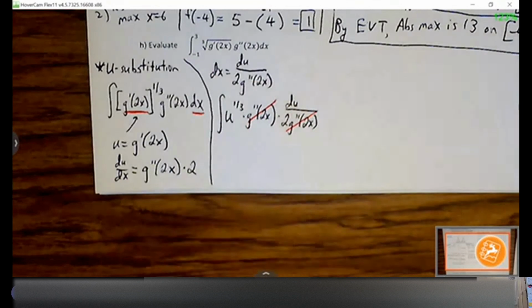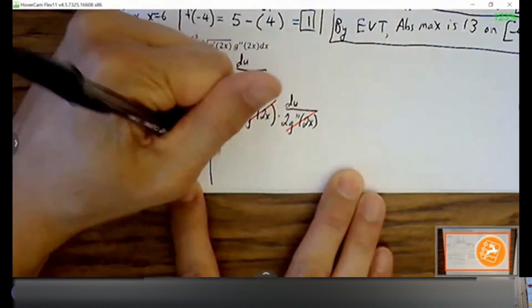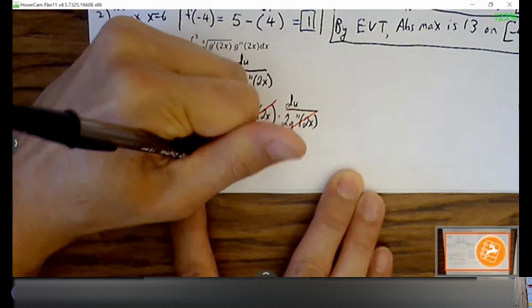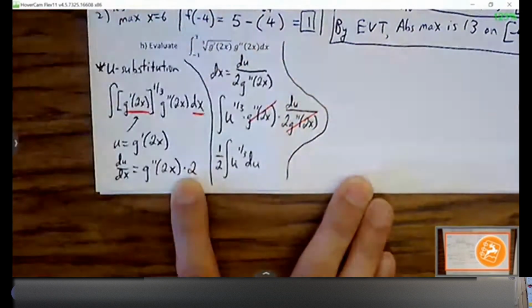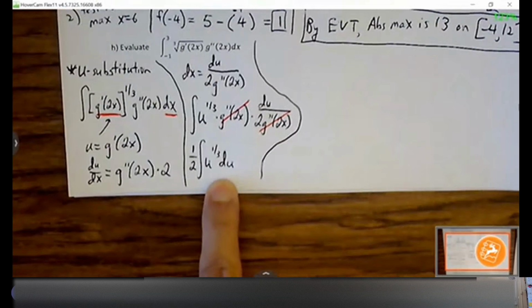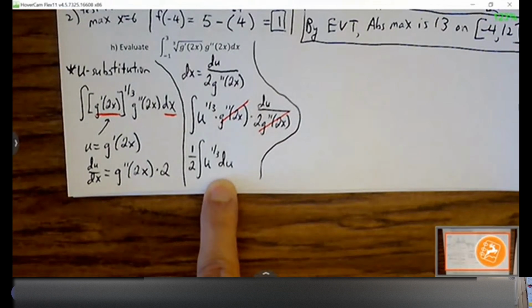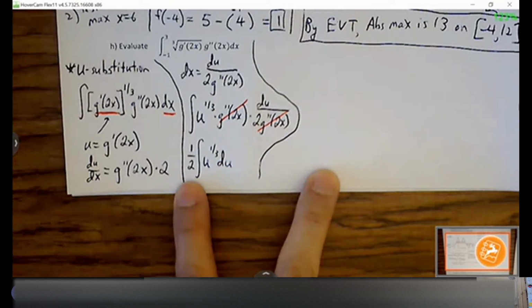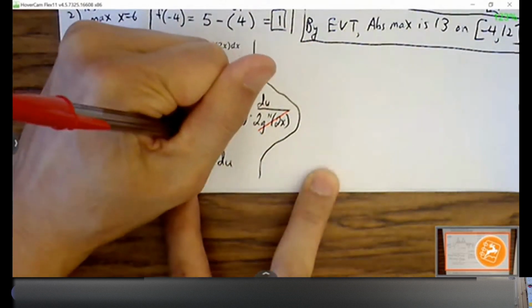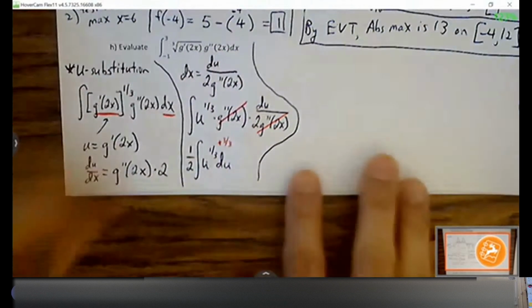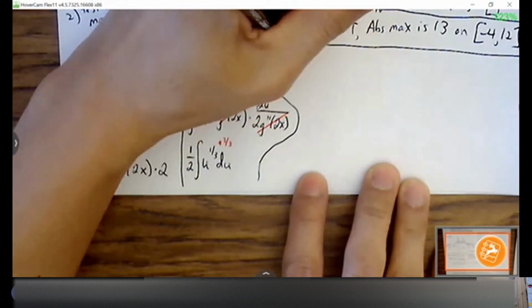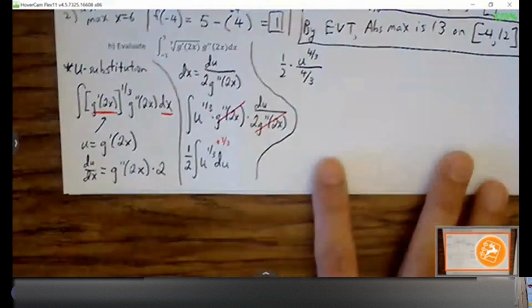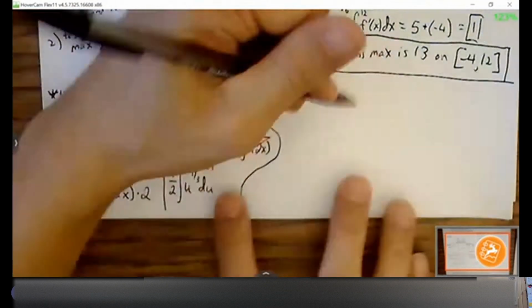So that 2 gets pulled out as 1/2. Okay. We can just apply a nice clean power rule from here. So 1/3, we add 1 to the exponent, right? We go through power rule, we add 1, so plus 3 over 3. And that becomes 4/3, right? Flip that 4/3, that becomes 3/4.